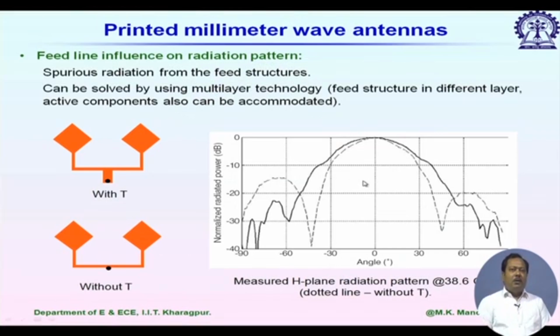Next, let us say we are going to design some arrays at millimeter wave frequency in printed circuit board technology. Then what are the problems we face at millimeter wave frequencies? When we design some array, we have to feed the antennas. So, we have to design some feed networks for that, and for the feed networks we use different guiding structures. In PCB form, the most popular guiding structure as the feed network is microstrip line.